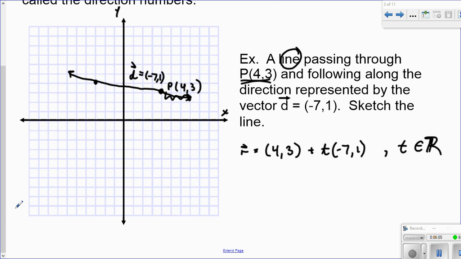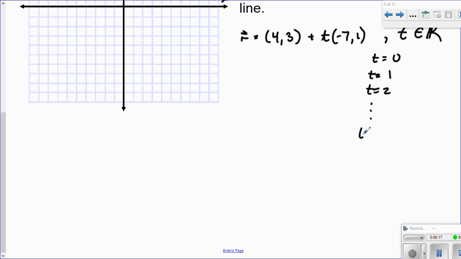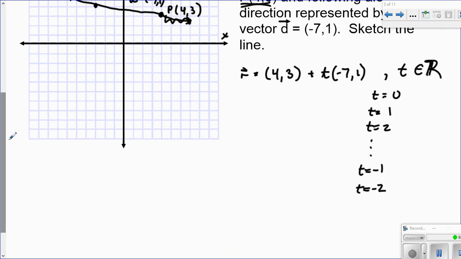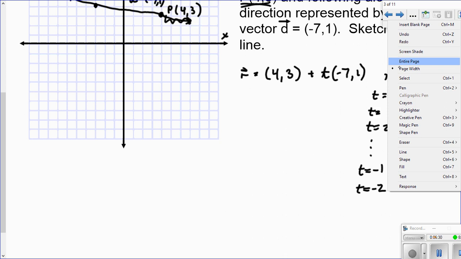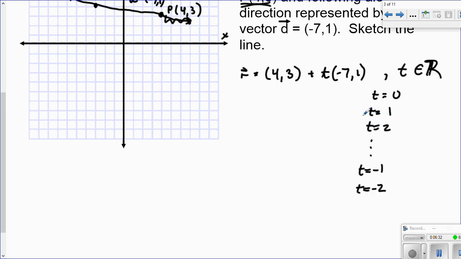Now, I'm not going to have you do this very often, but if I just set t equal to 0, t equal to 1, t equal to 2, and so on, and I could even go backwards, t equal to -1, t equal to -2, as I change the values of t following this parameter, what this does is generate the points that make up the line.